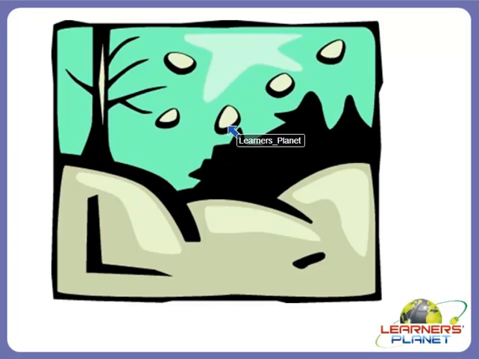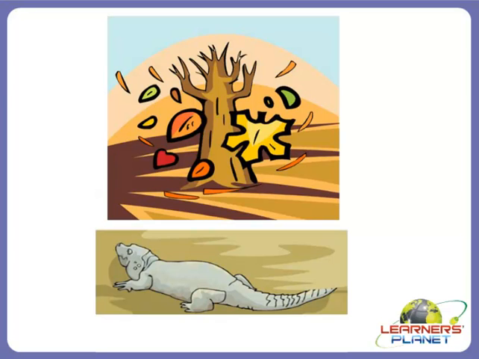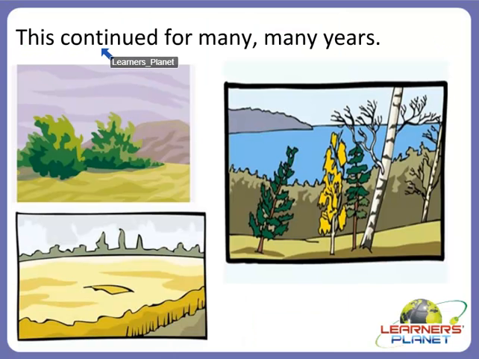Now, what happened to these smaller pieces of rocks? Yes, children, the dead plants and the dead animals got mixed with these tiny rocks, and this continued for many years.